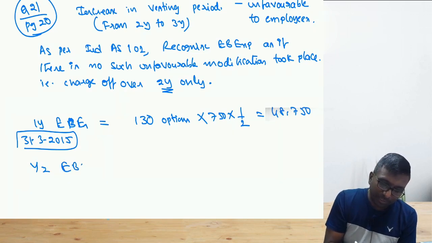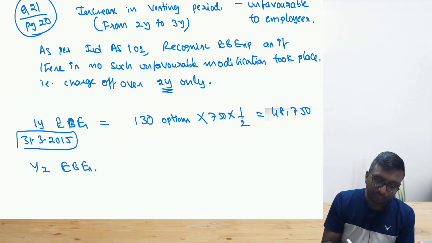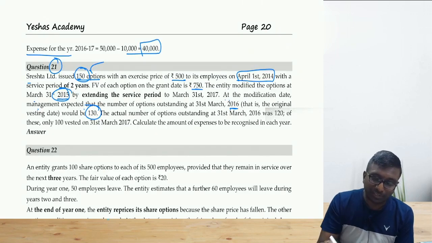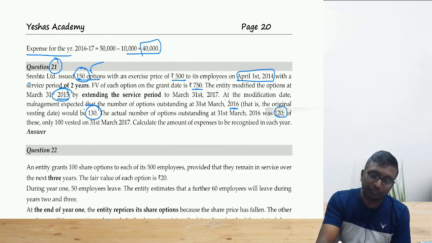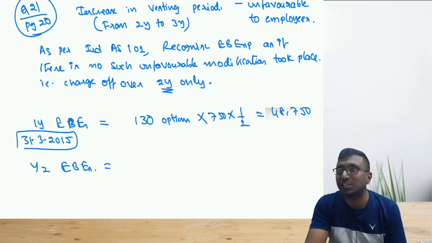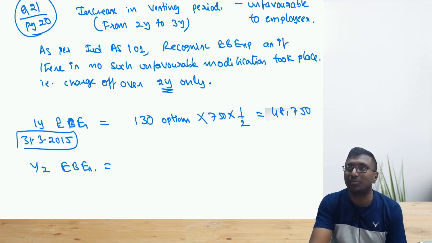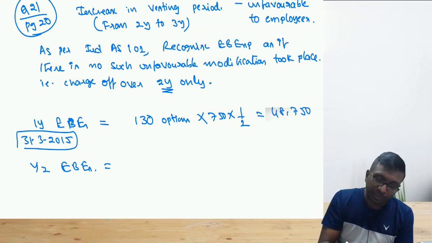Y2 employee benefit expense. Employee benefit expenditure. Y2, how many people are there? First of all, 120 people have come. We thought 130 would be there as of 31st March 2016 as the first line. Next line, actual number of people on this date is 120.